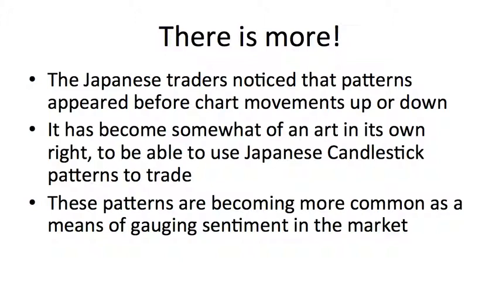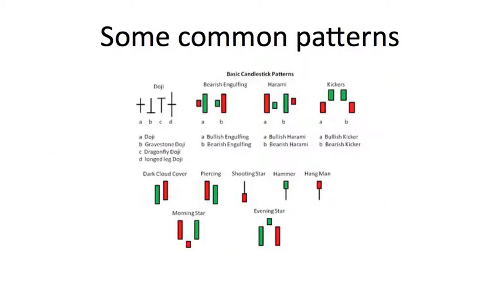And it was these moves that are becoming more common as a means of gauging sentiment in the market. So they would not only use the additional information of the open, high, low and close, but it's these additional patterns that we would see, as we can see here, that would allow us to gauge what's likely to happen.